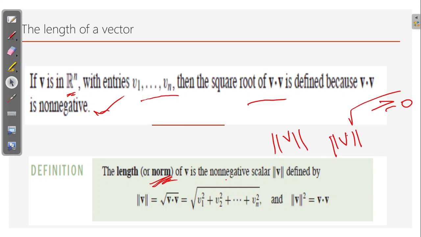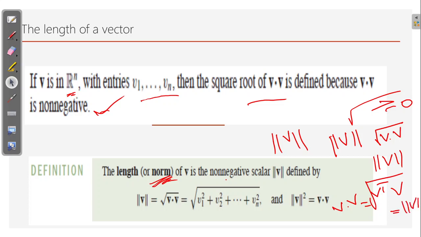So this is norm v, defined from the inner product v dot v: the square root of v dot v. That means v transpose v is v dot v, and the square root of that is norm v, or you can say the length of that vector.